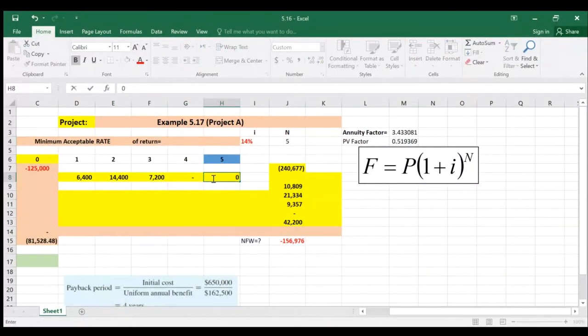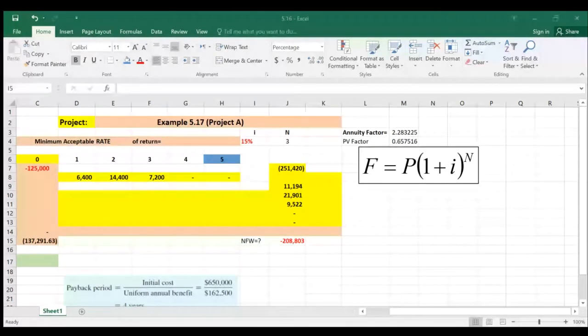Let's say N is going to be 3 and i is going to be 15%. 3 years.